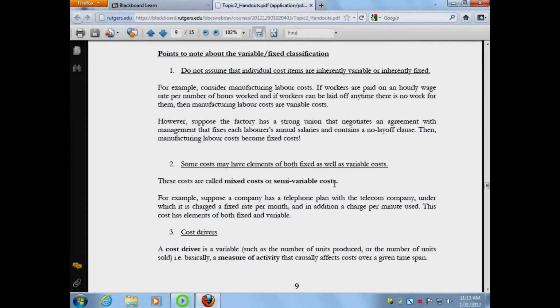Right? But what is your fixed cost per unit in each of these scenarios? Your fixed cost per unit in the first scenario is what? 10 million divided by 200,000. So your fixed cost per unit is 50 in the first case. The fixed cost per unit in the second case is 10 million divided by 500,000, which is what? 20.